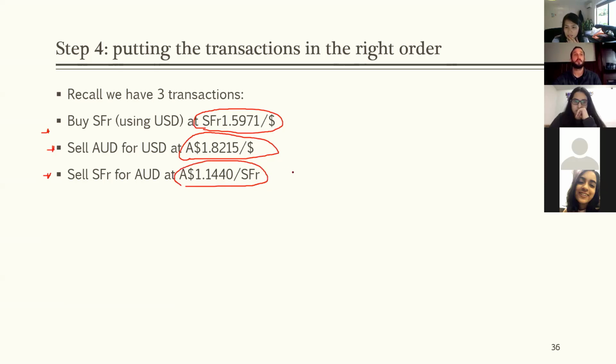Okay. So what I'm going to do next is, depending on what the question asked me to start with, say for example, in this question, we start with the USD. Then based on this starting point, I'm going to rearrange my transaction, okay?